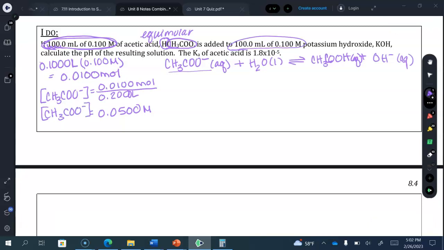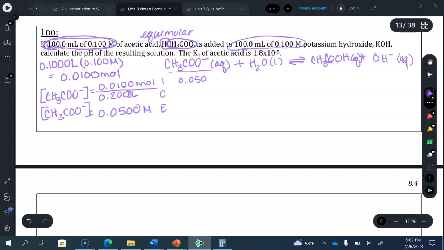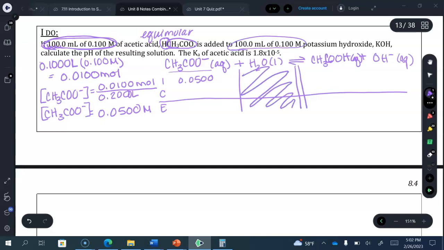Okay, since we know that, we can now do an ICE table, where this is 0.0500, because at the equivalence point, it's going to take the amount of our conjugate base and reestablish equilibrium with its acid. So now the conjugate base becomes the base, and acetic acid is now the conjugate acid for this expression.